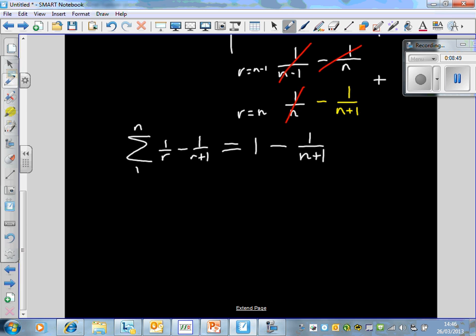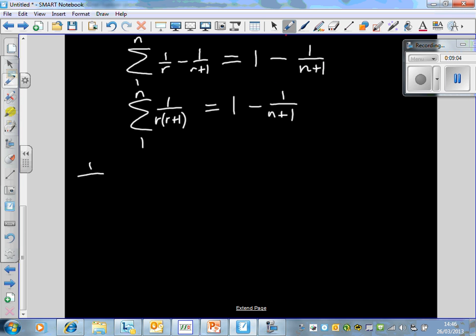Now, remember our original question was the sum of 1 over r times r plus 1. And this again is going to be equal to 1 minus 1 over n plus 1. The original question is 1 over 1 times 2 plus 1 over 2 times 3 plus 1 over 3 times 4 plus all the way up to 1 over n times n plus 1.